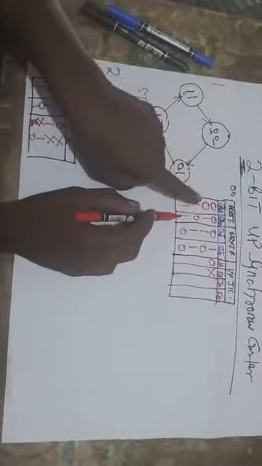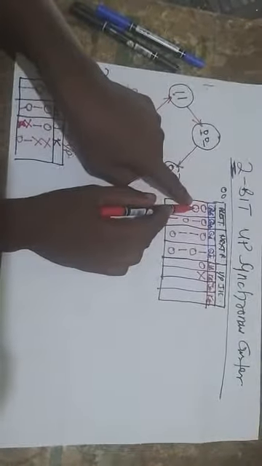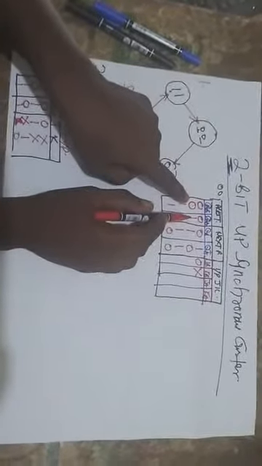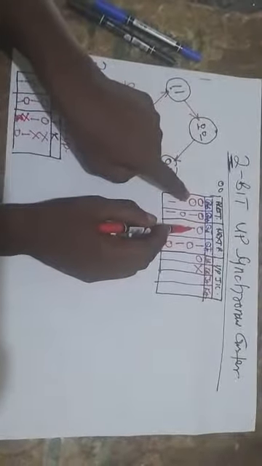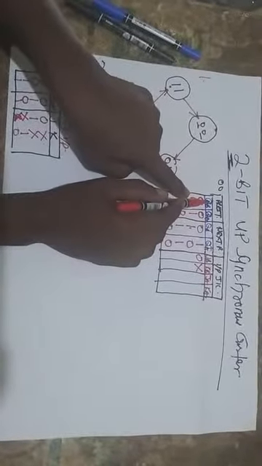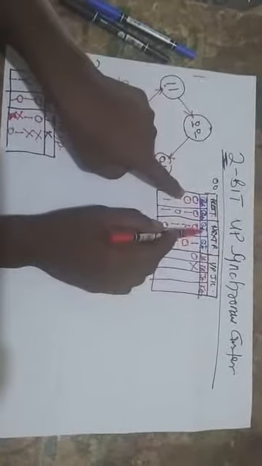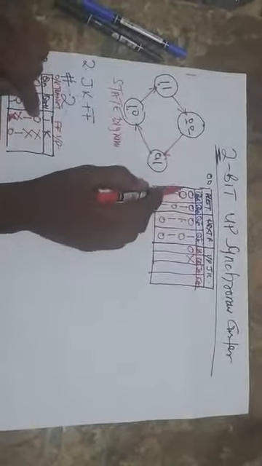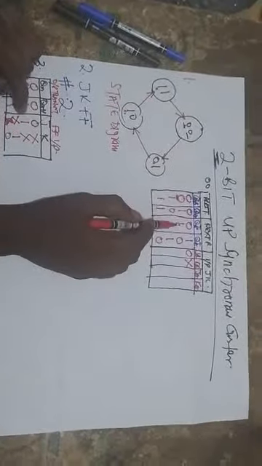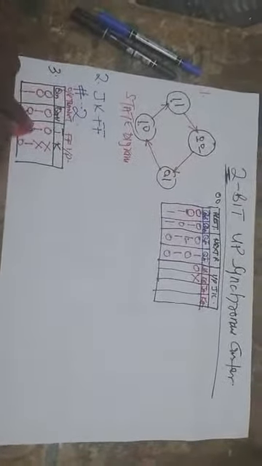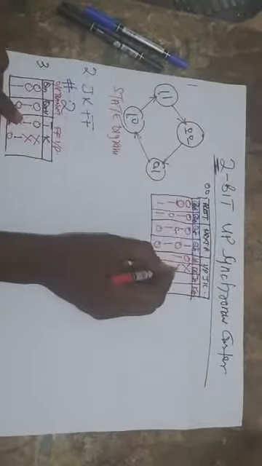Now, when the present state is 0 and the next state is 1, we are comparing the present state of QB to the next state of QB. That's what we are doing. Now you come to the excitation table. When the present state is 0 and the next state is 1, the J is 1 and the K is don't care. So 1 don't care.